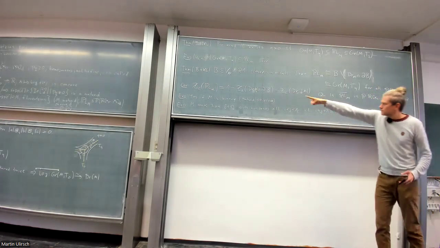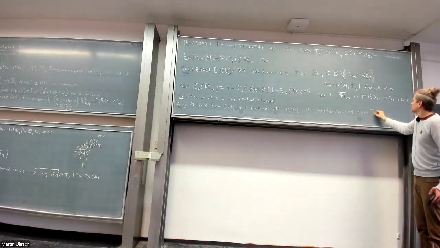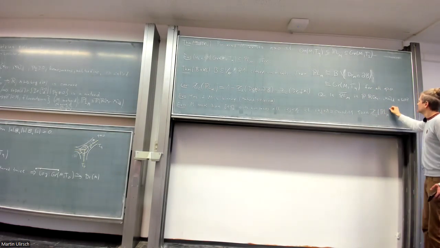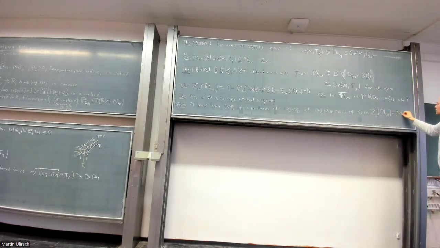Then using this formula here, using a computer, one can calculate that this has compactly supported Euler characteristic 11. So it's not a ball in this case. And now the time is up. Yeah, thanks.